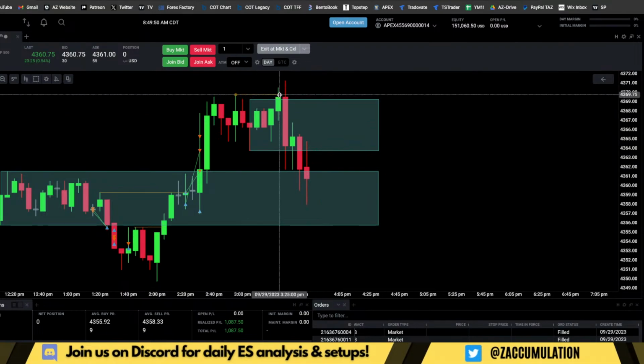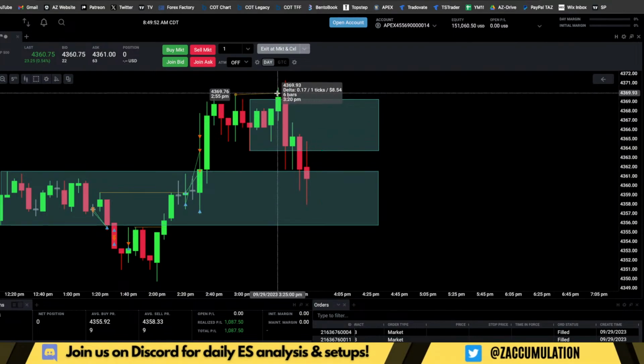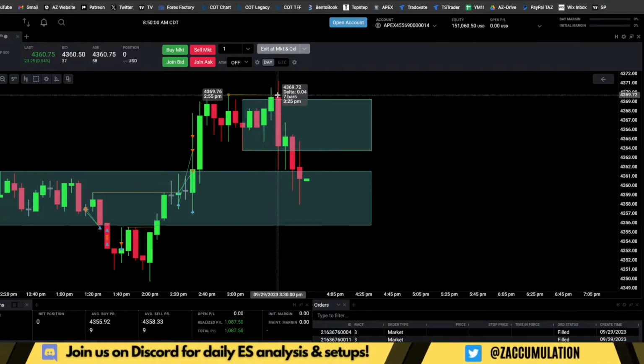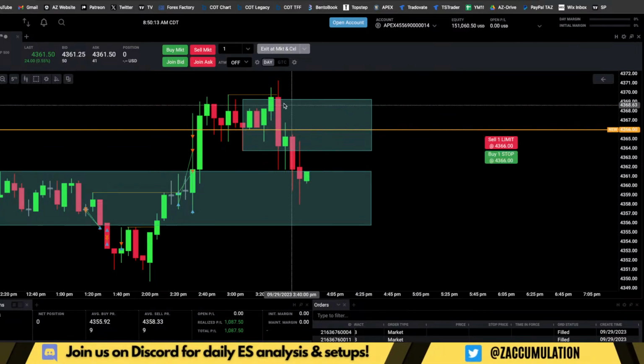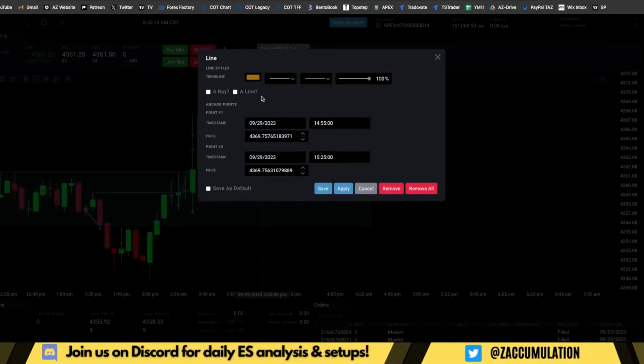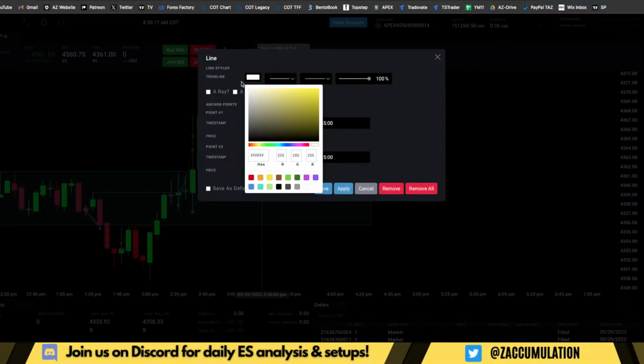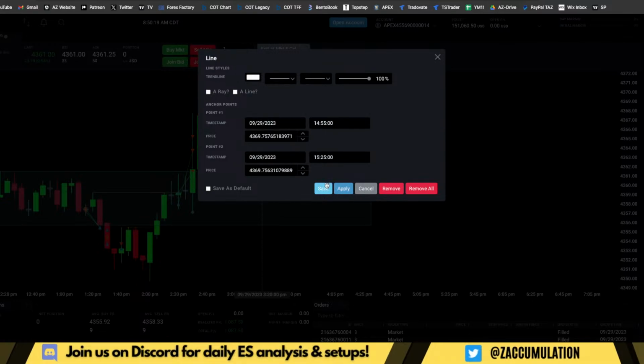You can't make a straight line. 0.1. There we go. Now we have a straight line. Cool. That just took ages. Not used to the TradingView platform, so.